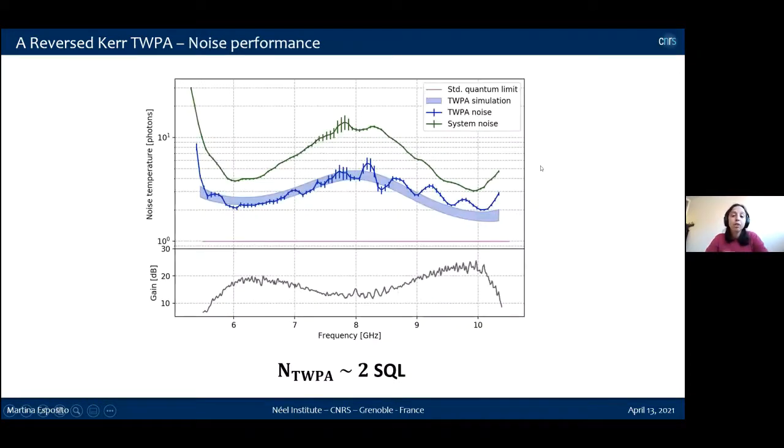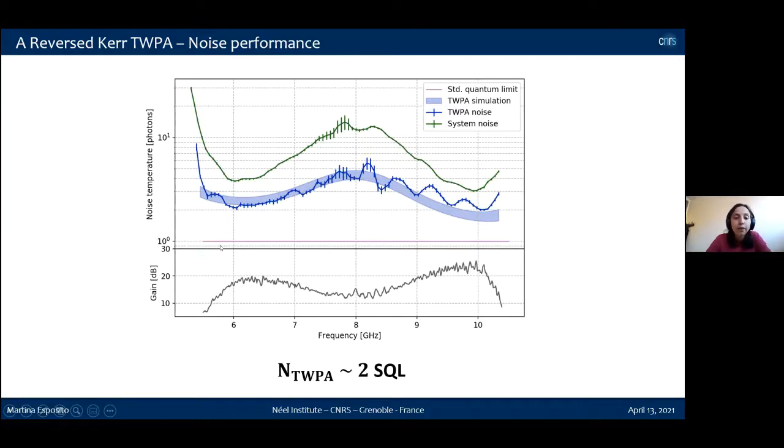In this slide, I'm going to show you the performances in terms of noise. So in blue here, you see the experimental results for the added noise temperature of the TWPA, compared with the theory obtained by numerically solving the coupled differential equations, and in green the system noise, which is the noise temperature of the entire amplification line.